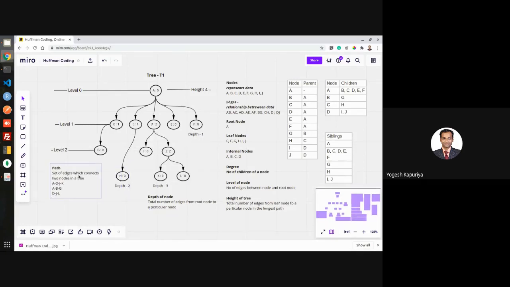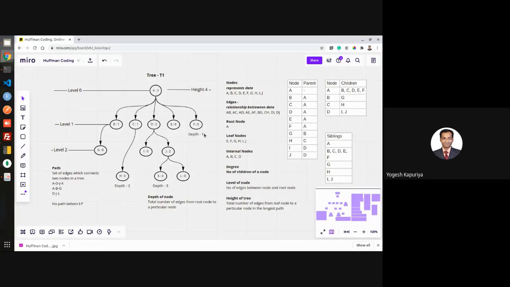So these are the set of edges. Set means the group of edges, number of edges, which connects any two nodes inside a tree. But when we write something like this, it doesn't mean that you can connect every node with the tree. For example, if I say what is the path between I and F, there is no path between I and F because there are no set of edges which can connect I and F. You can't go in reverse and connect it, right?